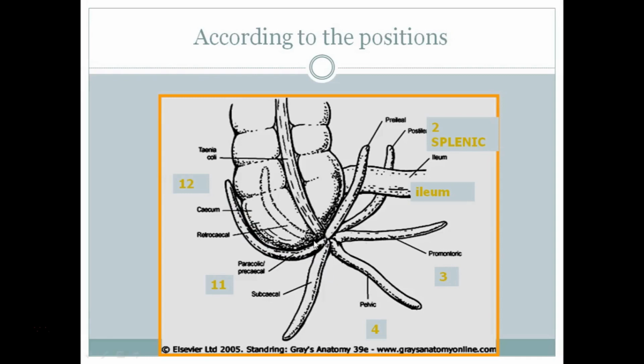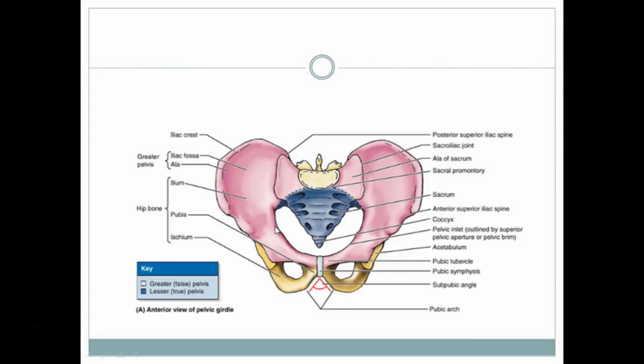Okay, this is the inguinal position, and the one we are seeing here, the 11 o'clock position, is called subcecal, and this is the retrocecal position, which is the 12 o'clock position. So we have the splenic position, then promontoric, pelvic, and this is actually the inguinal position, and here we have subcecal and here the retrocecal position. So this is the retrocecal position.